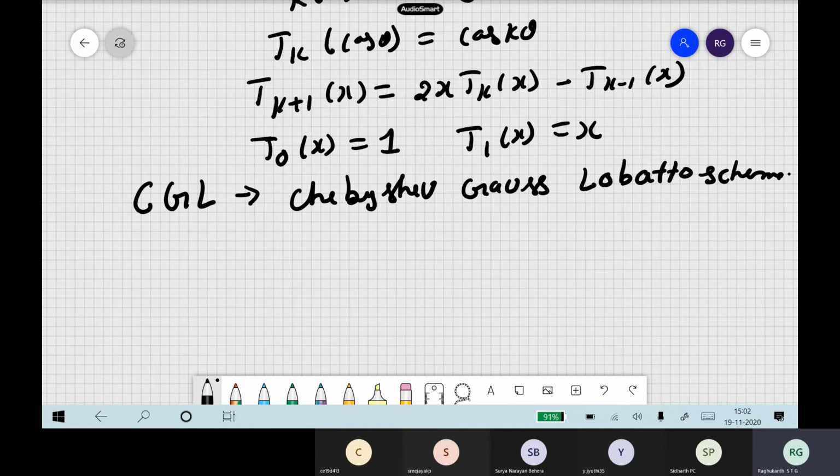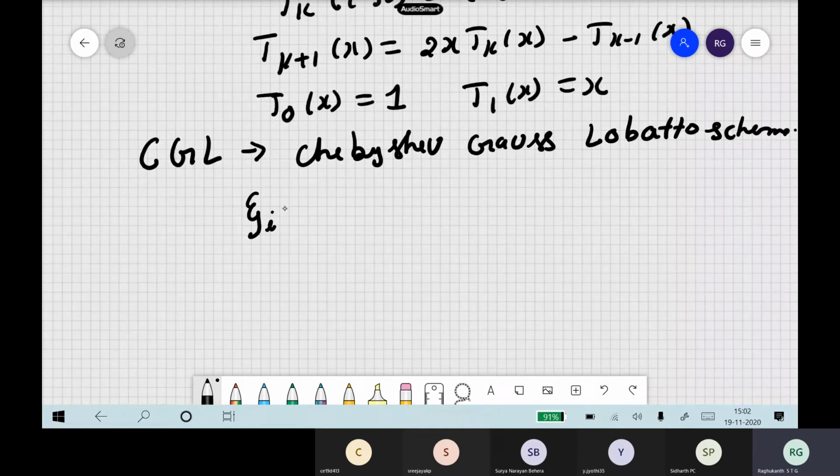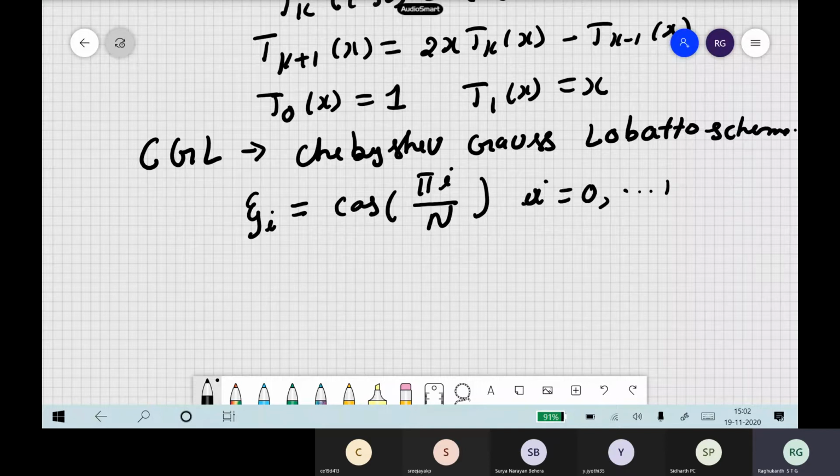The nodes come from the expression cos of pi I by n, where I is equal to 0 up to n. So these are the nodes for the Chebyshev polynomial.